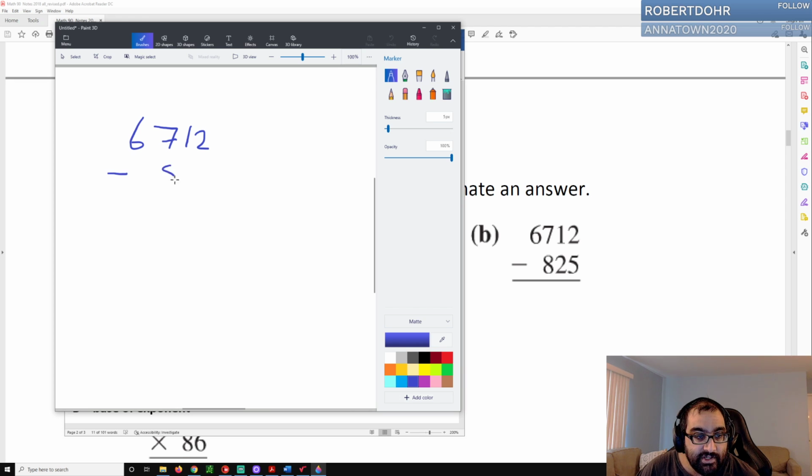So 6712 minus 825. So all we're doing here in this particular case is to go ahead and circle the first digit that we see here.